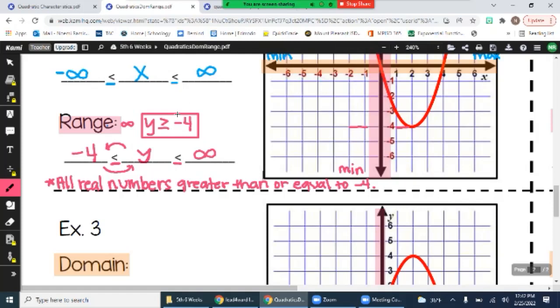So if you come across a domain and range question in sentence form, this is how it will be written. All real numbers comes from having that infinity symbol in the front. Greater than or equal to comes from having not that symbol, that's less than, my bad. Greater than or equal to -4.